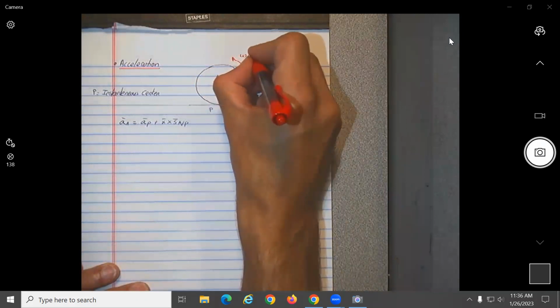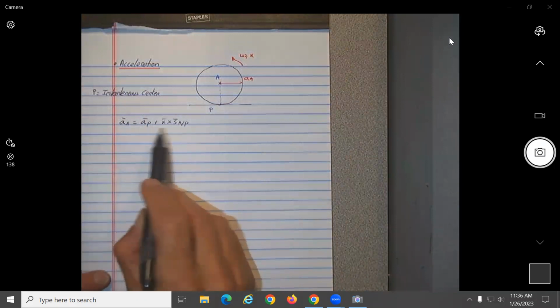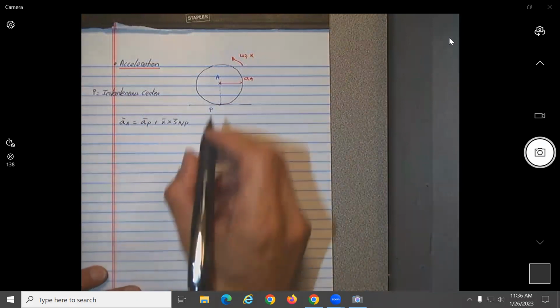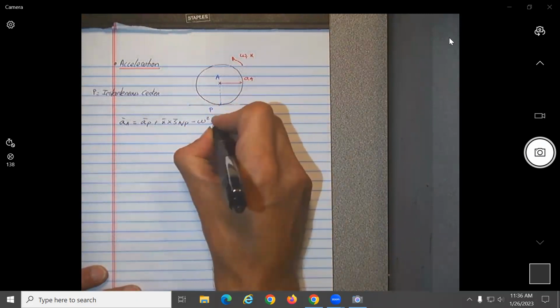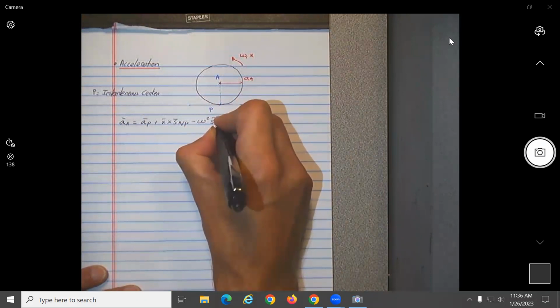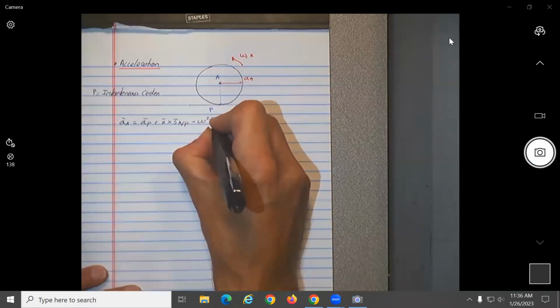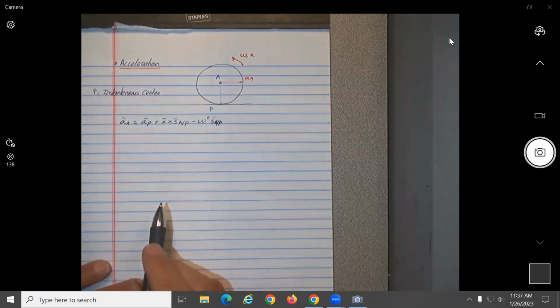This is omega, alpha, whatever. So we have the translational component, tangential component, minus omega squared S of A with respect to P. Sorry, A with respect to P. I know it's not clear, but this is A with respect to P, okay?